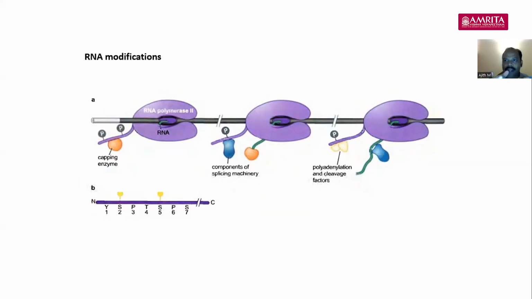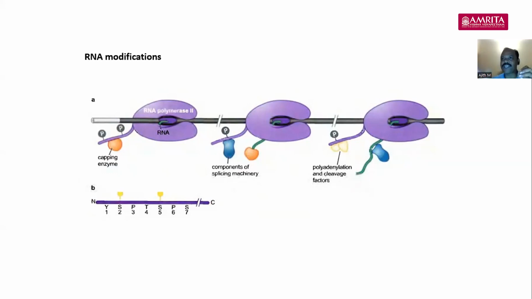When it is modified differently, it takes up a particular enzyme, the capping enzyme. The capping enzyme is responsible for the 5' cap. As the RNA comes out, you know that the first end that comes out is the 5' because the direction of synthesis is 5' to 3'.